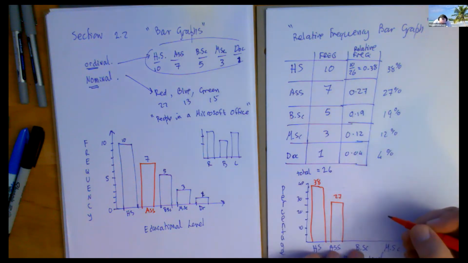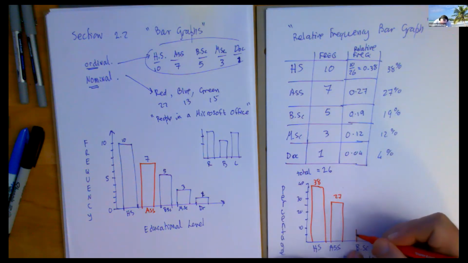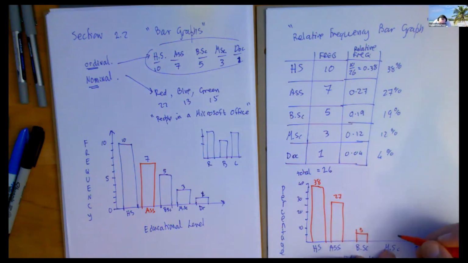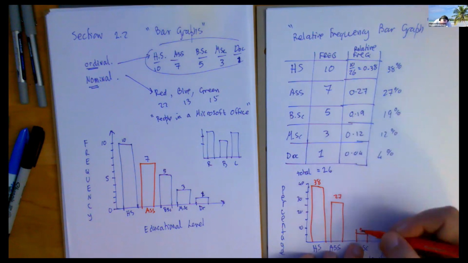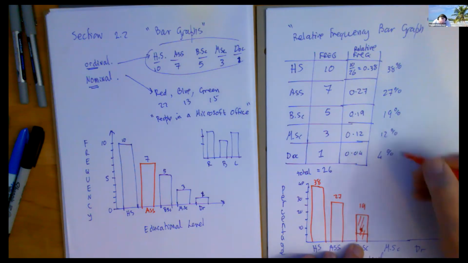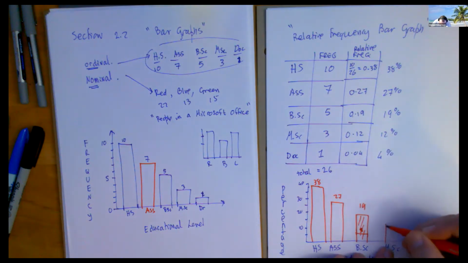The bachelors is 5, so that's some, don't go too high, somewhere about here. The masters, 5? Bachelors is not 5, bachelor is 19. Next one is 12. And the last one is 4.